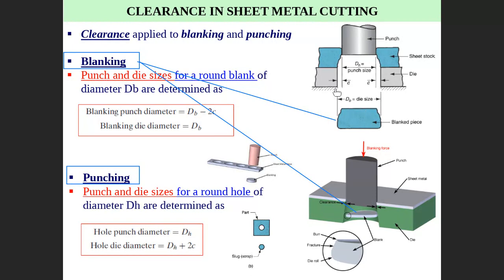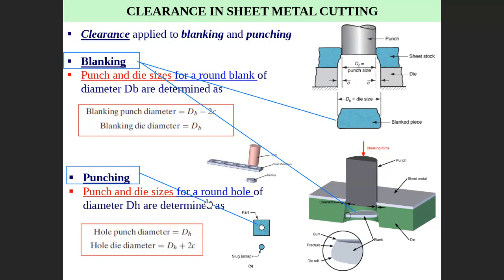The 1C here, this is another C here. You get it? This is a blank. When you're coming to the punch here, when I say punch, it is not like this. For the punch, I'm concerned about the hole, just the hole. I'm not concerned about the scrap. This one is scrap.